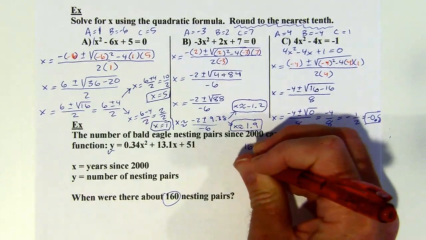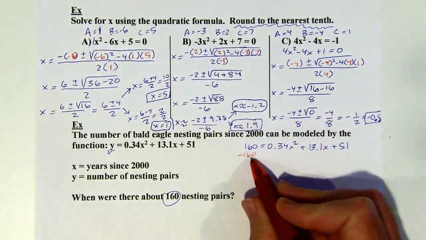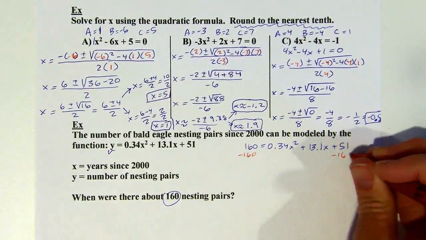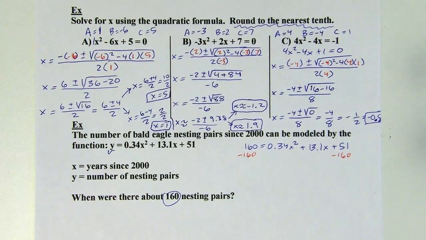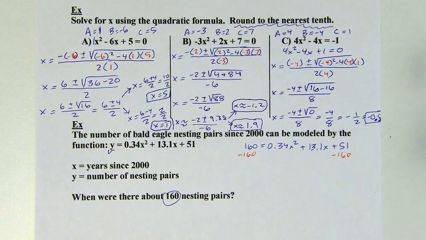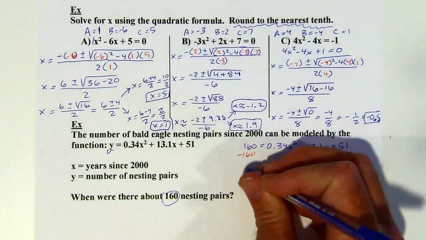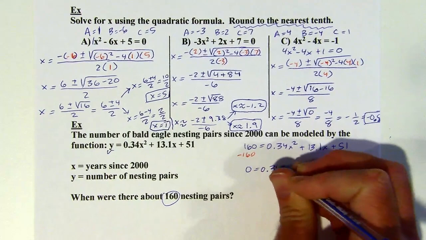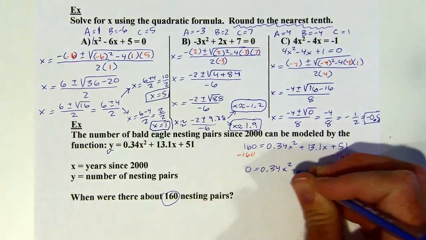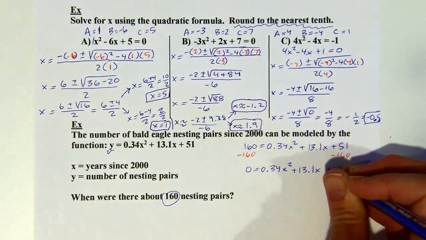So I'm going to set this equal to 0 over there. I want to subtract 160 from both sides. So then I've got 51 minus 160, that's negative 109 over here. So 0 is going to equal this.